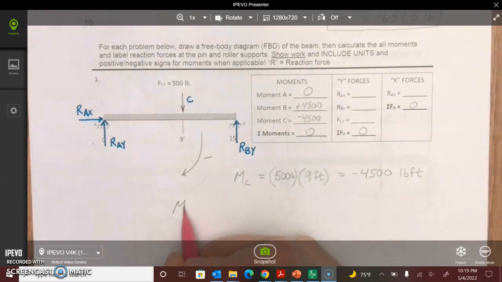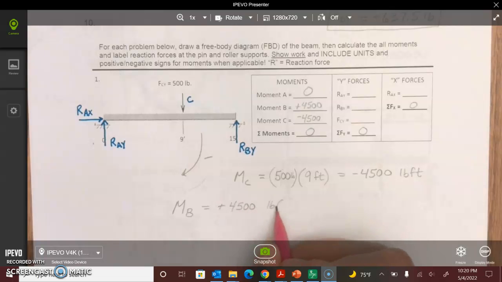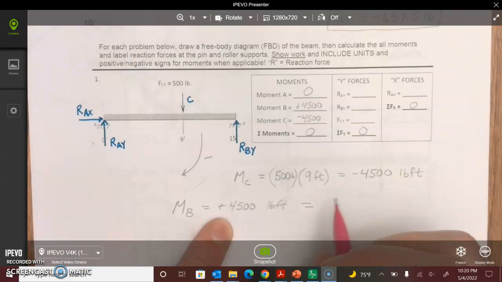So we know that the moment of B has got to be positive 4,500 foot-pounds. Alright, we know that's got to be true. So the moment of B is going to be that. We're going to set that equal to an equation.